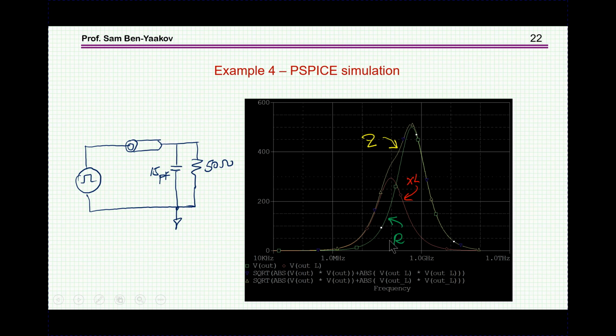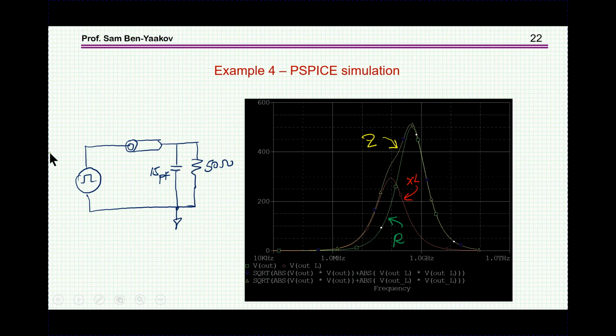It's just something that I've built myself, although I could have fitted it to any beads available. What we see here again is the total impedance, this is the reactive part, this is the inductive part, and this is the resistive part, and the impedance, of course, is the phasor sum of them.